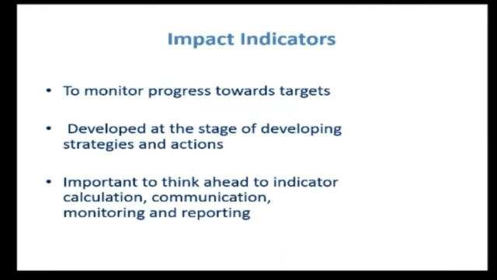Impact indicators are monitoring progress towards the target. So they're high level, at the level of a national target. You may have more than one such indicator for a target if it has different elements to it. They're developed at this stage of strategies and actions, and you want to think ahead in setting them. How would you calculate and communicate and report these indicators?